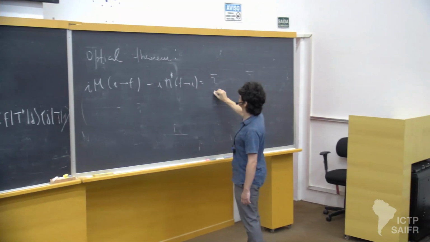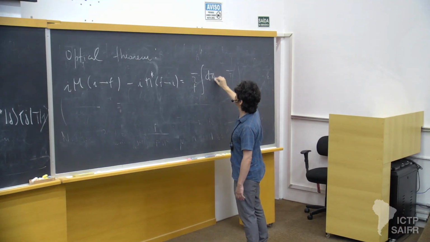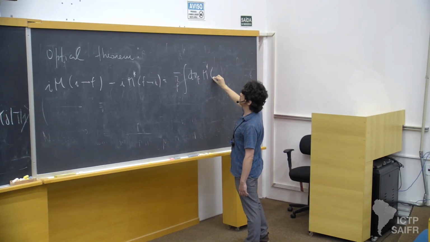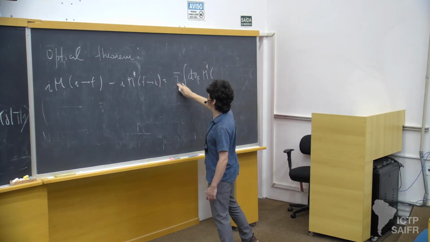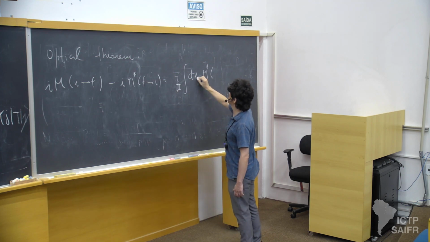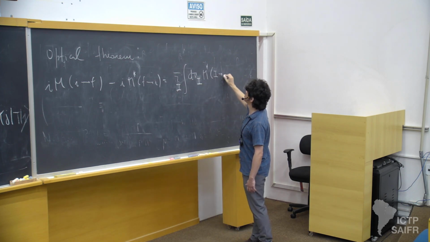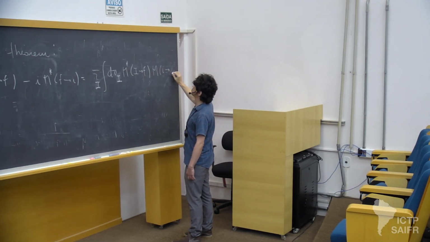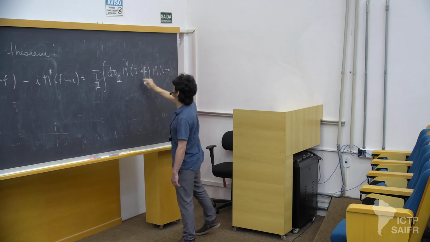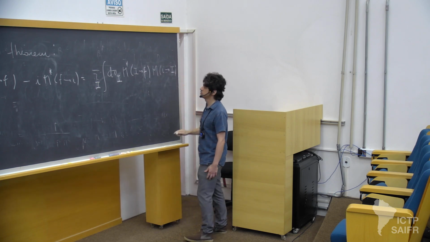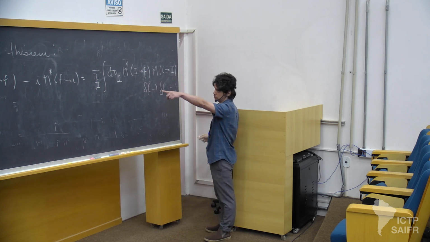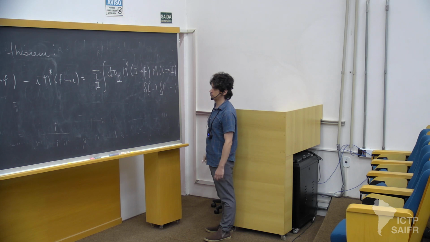Then you have a bunch of sums over all possible final states, so you have the amplitude squared from I to F, from I to big I, times a delta function, and times another delta function associated with overall energy momentum conservation.